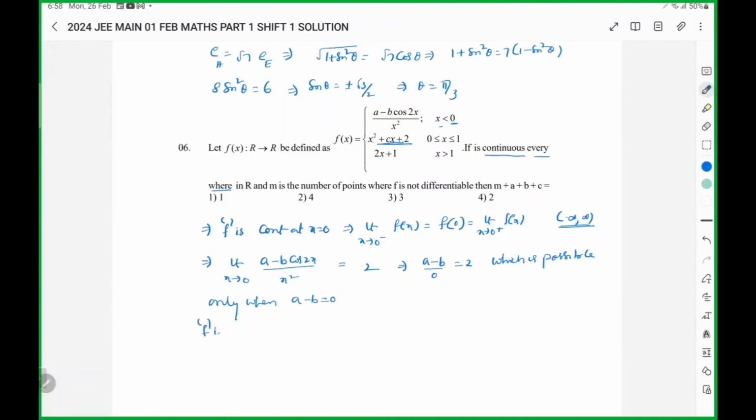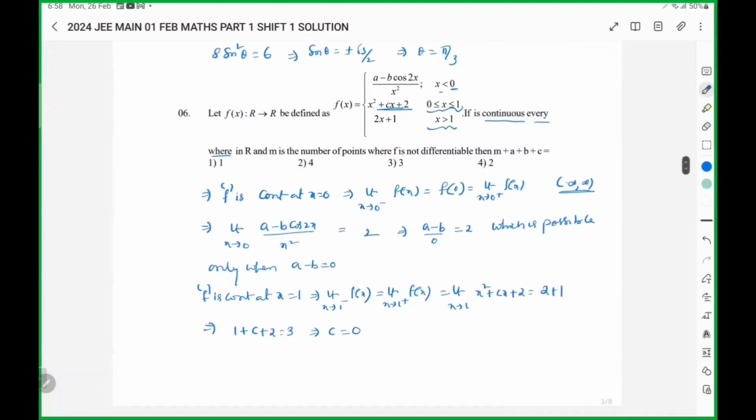So similarly, if it is continuous at x equal to 1, limit x tends to 1 minus fx equals limit x tends to 1 plus fx. 1 minus means less than 1. We get x square plus cx plus 2 is, for 1 plus, 2 plus 1, that is from here 1 plus c plus 2 equals 3. From here c value is 0. So we got c value.